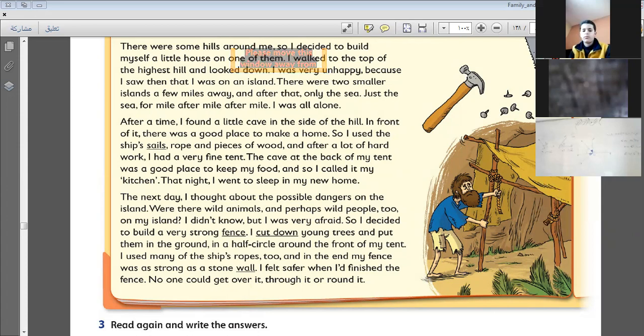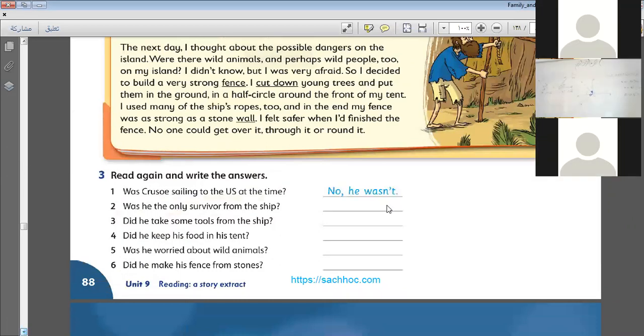Ahmed Fares Atwa, can you hear me? Yes, teacher. Now let's move to number 4. Did he keep his food in the tent? No, he didn't. Yes. The cave at the back of my tent was a good place to keep my food.